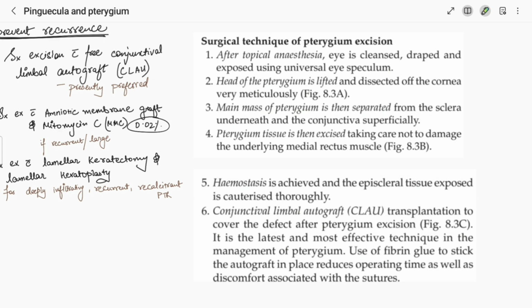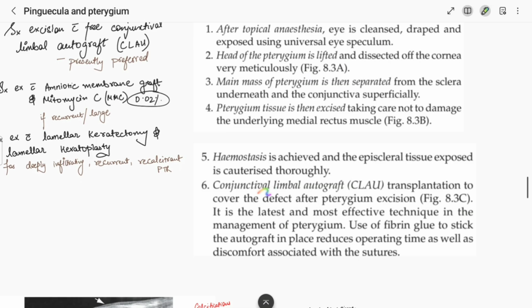Now the pterygium tissue is excised, and we have to take care that the medial rectus muscle is not damaged. After this, hemostasis is achieved and the episcleral tissue is exposed and cauterized thoroughly. Now, conjunctival limbal autograft transplantation is used to cover the defect after the excision.